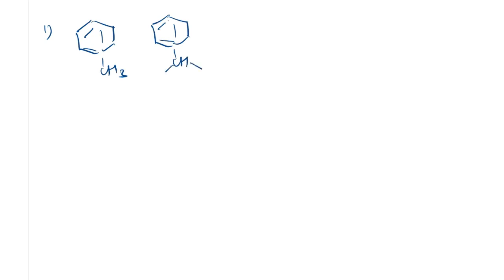Now next is CH3, CH, and we have C. So we know first we have 3 alpha H, 2 alpha H, 1 alpha H. So the stability order will be like the electron density in the benzene ring.